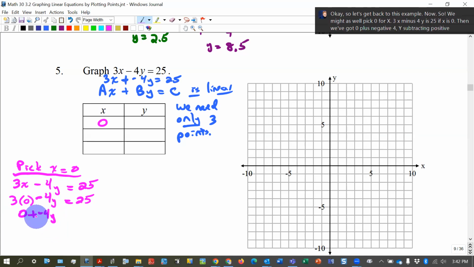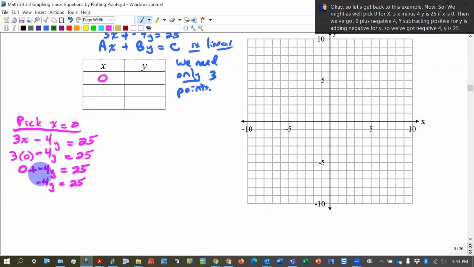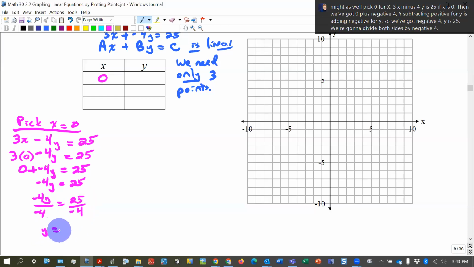Subtracting positive 4y is adding negative 4y. So we've got negative 4y is 25. We're going to divide both sides by negative 4. Again, because we're dividing by a 4, we get a nice decimal. We get negative 6.25, or negative 6 1/4.